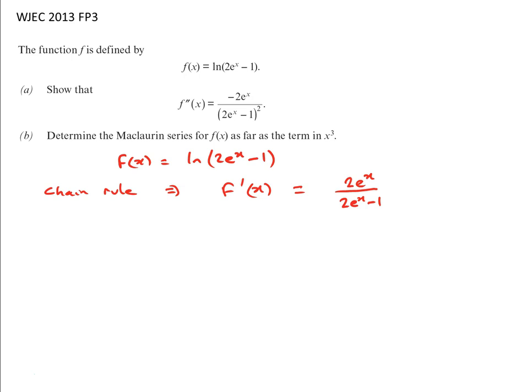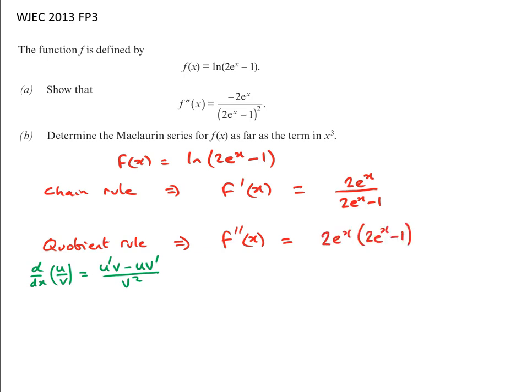We want to find the second derivative of f, so we need to differentiate again, and this is going to require the quotient rule. So we first differentiate 2e to the x, this is finding u dash, and multiply it by v. The derivative of 2e to the x is 2e to the x, times v, which is 2e to the x, take away 1.